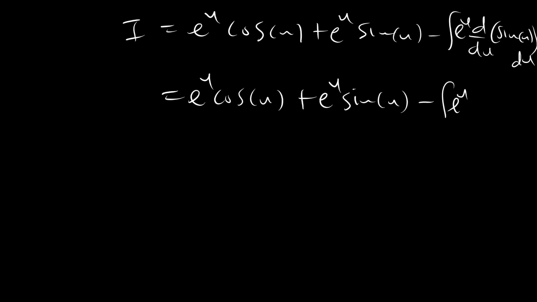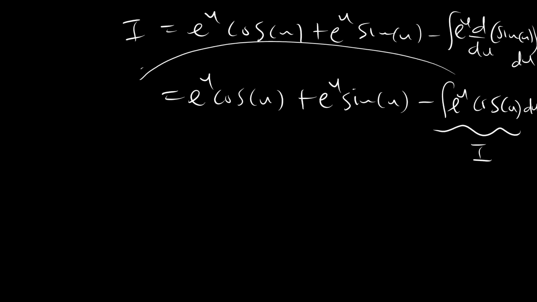Minus the integral of e^u cosine of u du. So this one here is I, and we can bring it onto the left hand side by adding I to both sides.